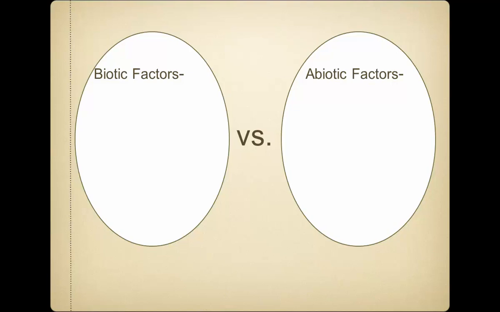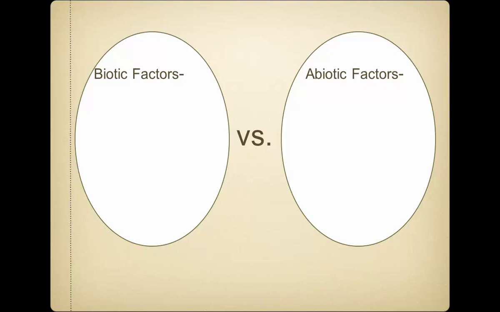When we look at an ecosystem, we can talk about its biotic or abiotic factors that influence the ecosystem. Do you know what the prefix bio means? Like biology. Ology is a study of something. You know what the bio prefix means?